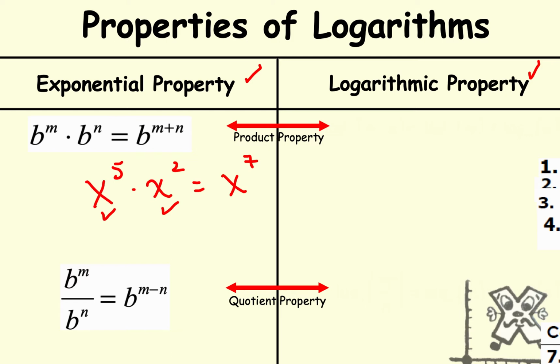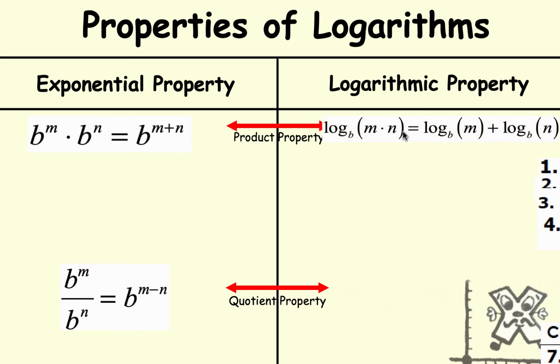That means it's telling us that if I am multiplying, let's look at that property as a logarithm. So here's what it says. If this is your product, you can write it as the sum of the exponents.